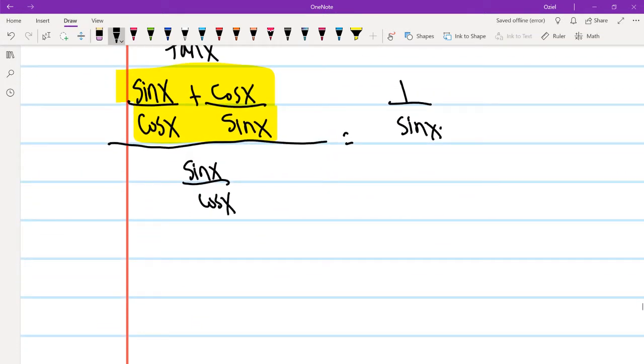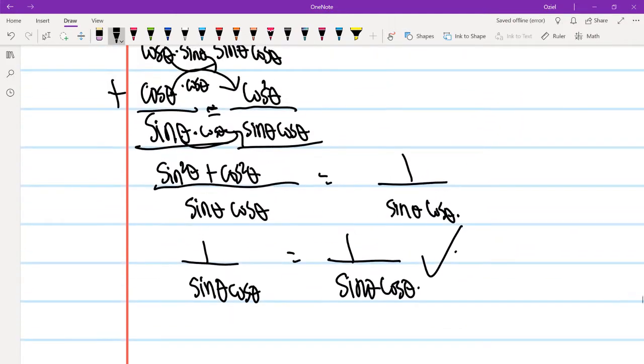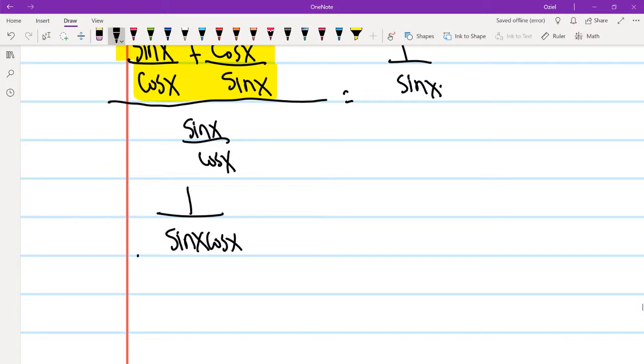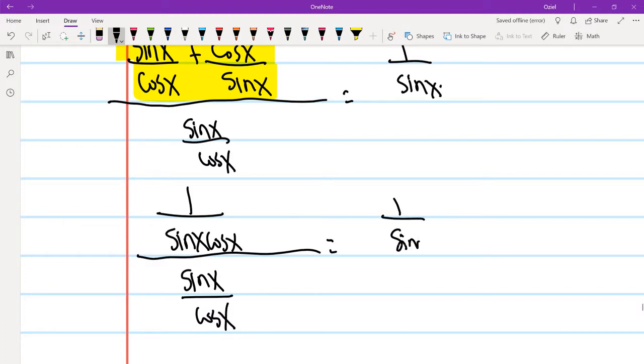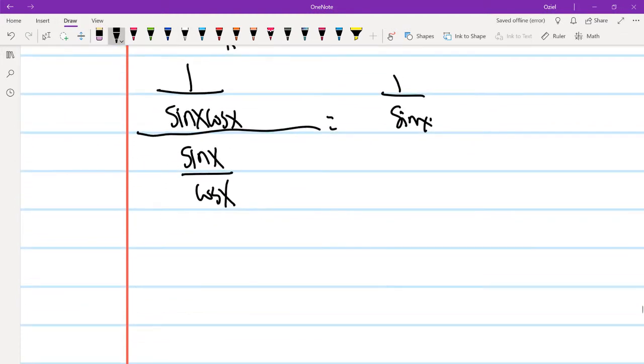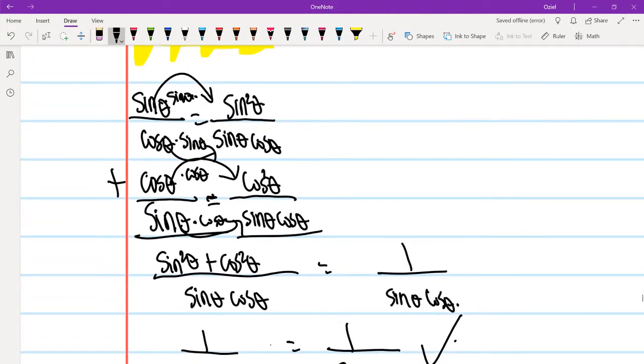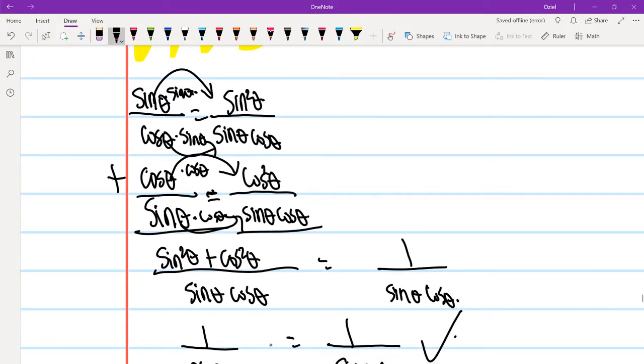What I got for that part was 1 over sine x cosine x, and then you would divide that by sine of x over cosine of x is equal to 1 over sine of x. And that's just a little shortcut, just because I know in the last one we did it right here.